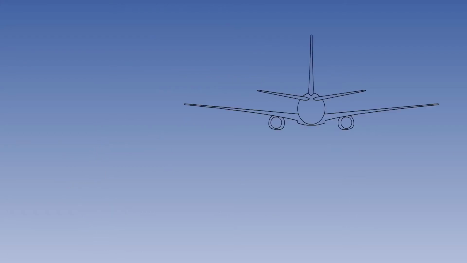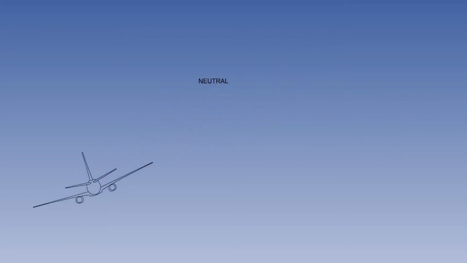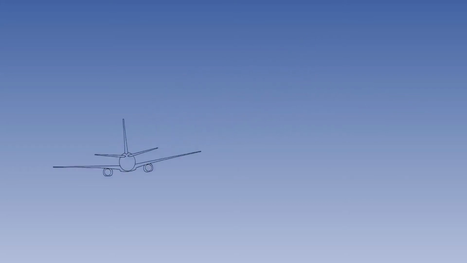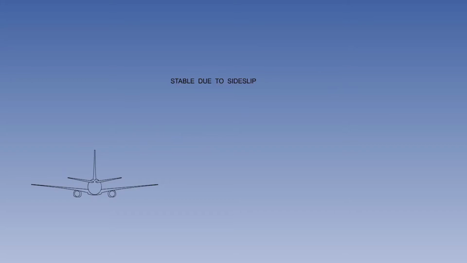This is unstable due to side slip. If the side slip generates no rolling moments, the aircraft will neither roll further away from nor back towards wings level. This is neutral. If the side slip generates a favourable rolling moment, the aircraft will roll back towards wings level. This is stable due to side slip.